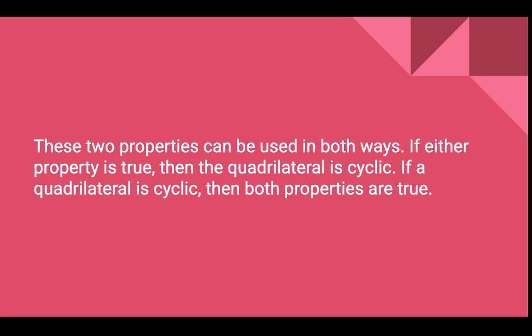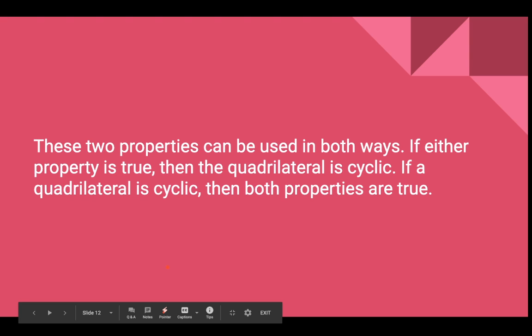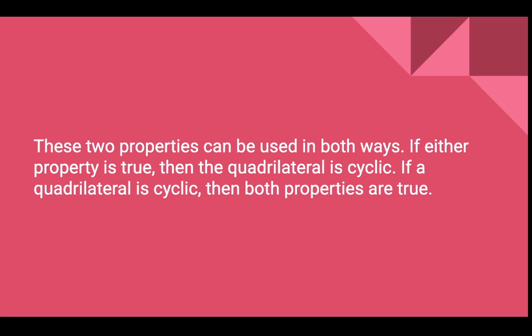A big thing about cyclic quadrilaterals is that the properties can be used both ways. If a quadrilateral is cyclic, then we can use both of these properties. We know that HGFI is cyclic, so we can use both of these properties. And if either one of these properties is true, then we know the quadrilateral is cyclic, and then we can use the other fact.